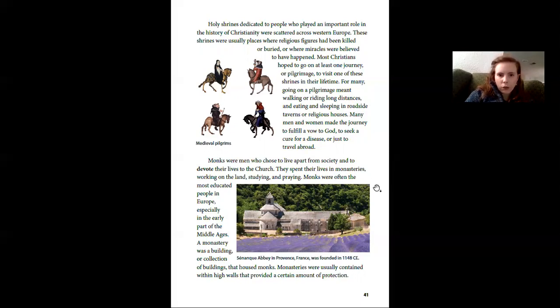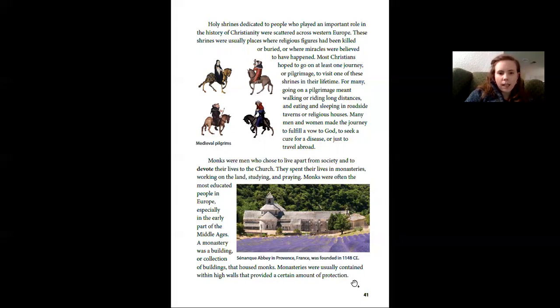Monks were men who chose to live apart from society and to devote their lives to the church. They spent their lives in monasteries, working on the land, studying, and praying. Monks were often the most educated people in Europe, especially in the early part of the Middle Ages. A monastery was a building or collection of buildings that housed monks.